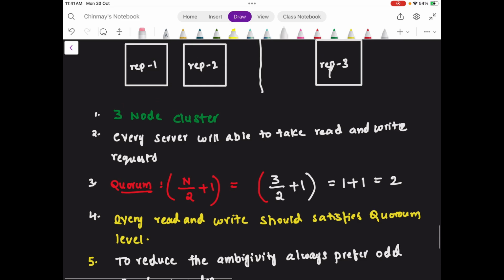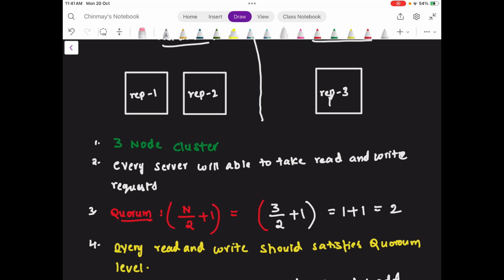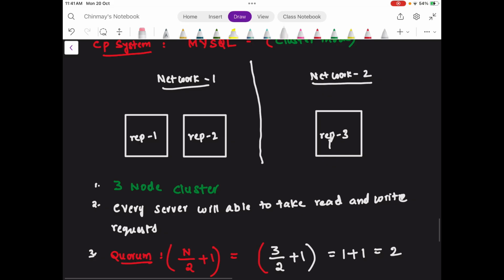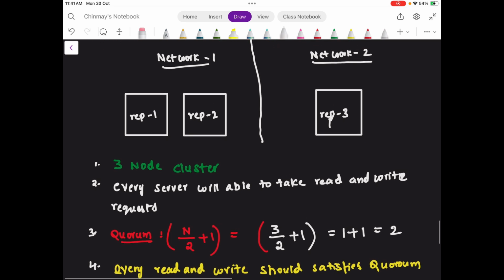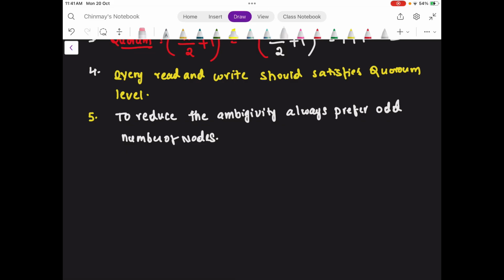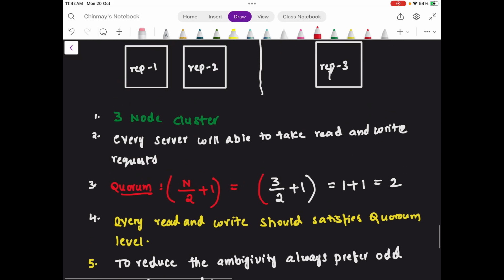Now let's see what happens. We have 3 nodes distributed in 2 different networks, 2 nodes in one network and another node in another network. Let's assume network 1 is down.